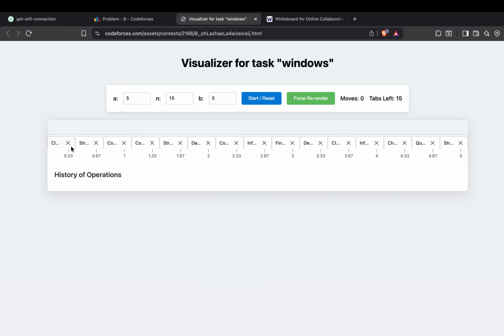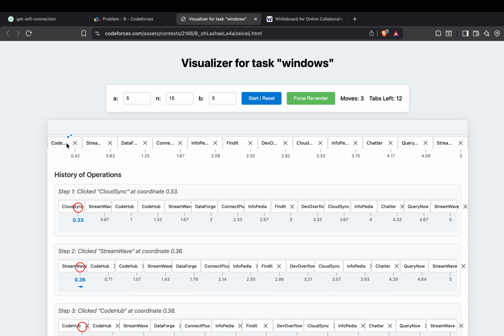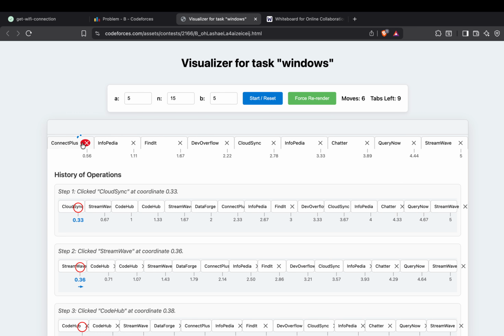Okay, so what happens in this scenario? There are too many tabs. We close one. As soon as we close, we cannot predict how many times we move forward. After the third move, we moved once. After the fifth move, we move a second time. Then the seventh time, we move again. So, too many moves are required for this particular scenario.